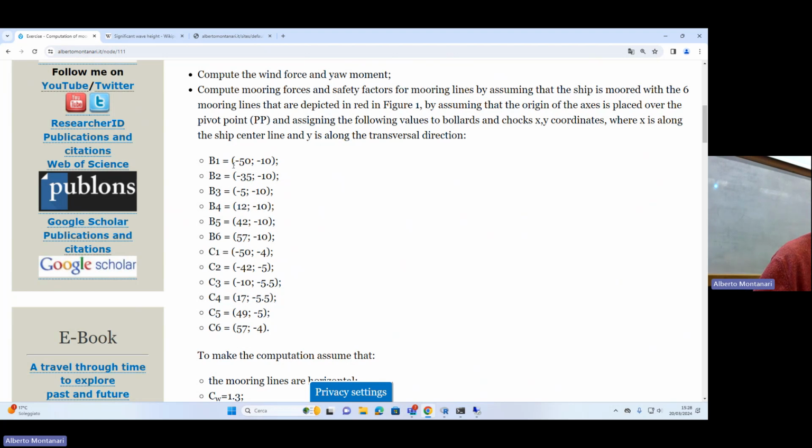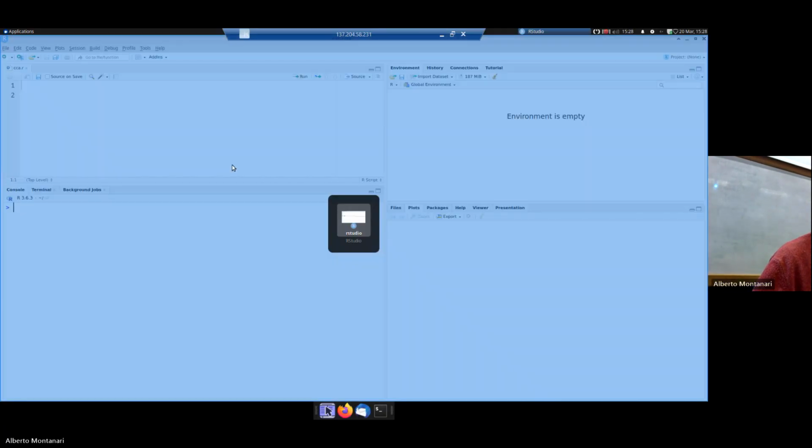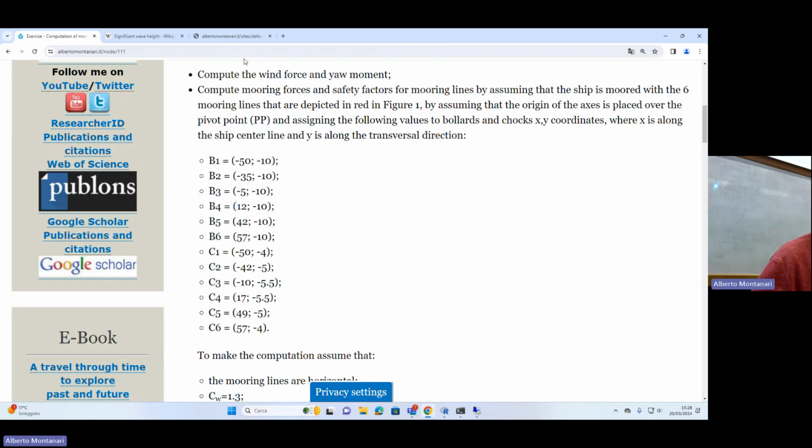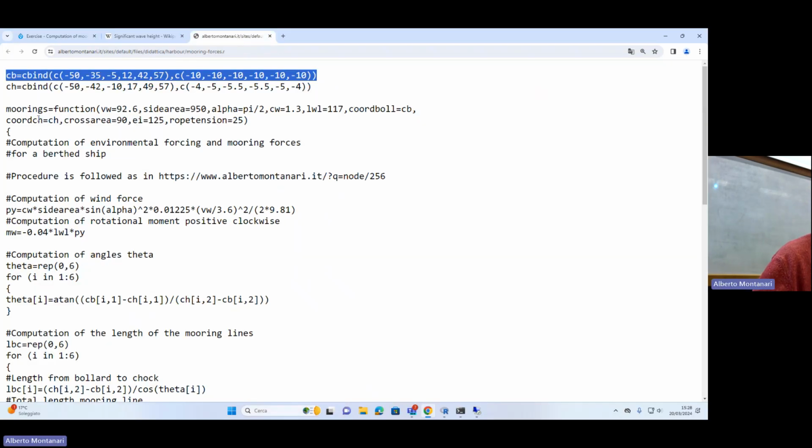If you look at the instruction in the R code, you see that indeed you have these coordinates here. X coordinates in the first column, Y coordinates in the second column. The way we obtain this array is by binding columns, cbind.